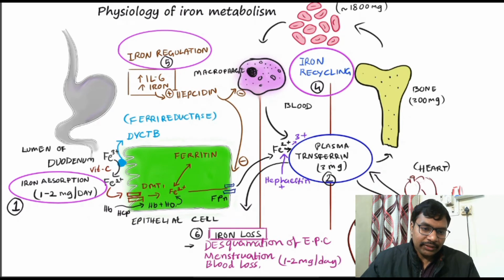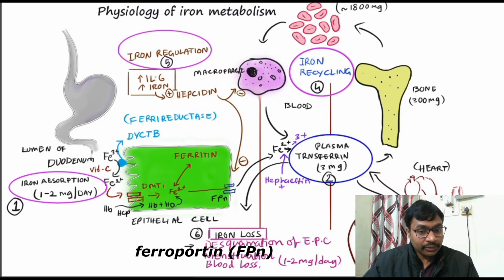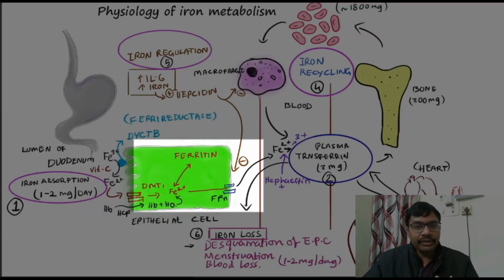Once the reduced form enters the cell, it is eventually transported into the circulatory system, the microblood vessels, via ferroportin, the transporter which carries the reduced ferrous form into the circulation. A certain amount of the ferrous iron is stored in ferritin. Ferritin is a globular protein having 24 subunits.